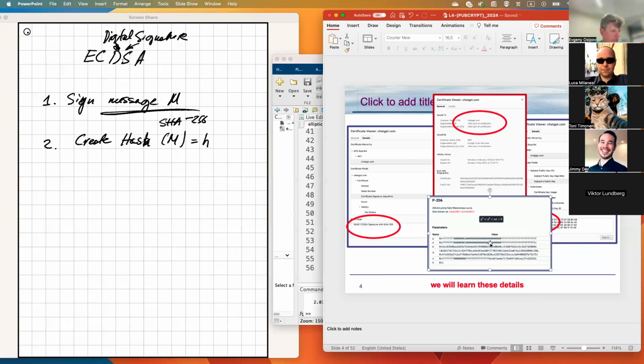So you generate a key, this K, that will be used.